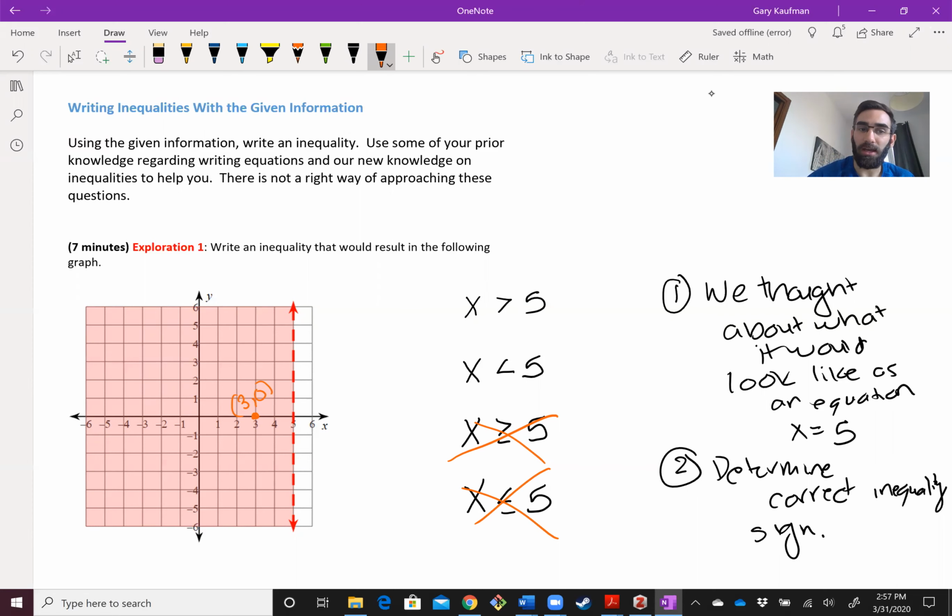Here I just care about the x value, which is 3. Well, 3 is not greater than 5. 3 is less than 5. There is my inequality that represents the graph. So I'm using a little process of elimination, a little problem solving, working backwards, using my prior knowledge to get to the final inequality.